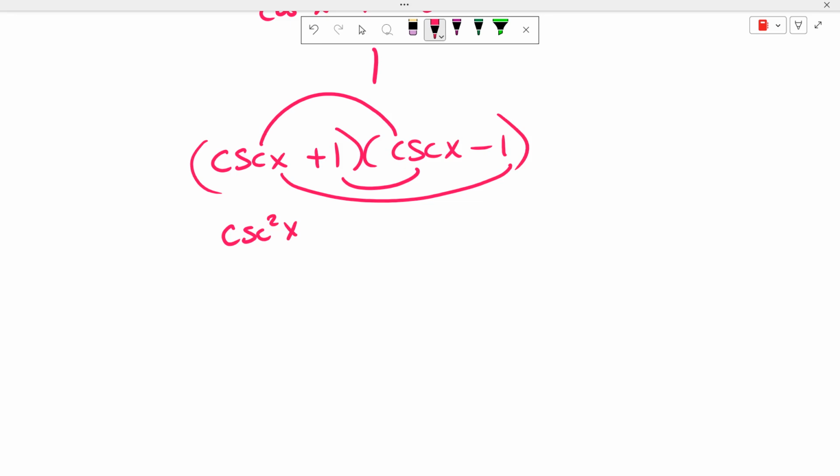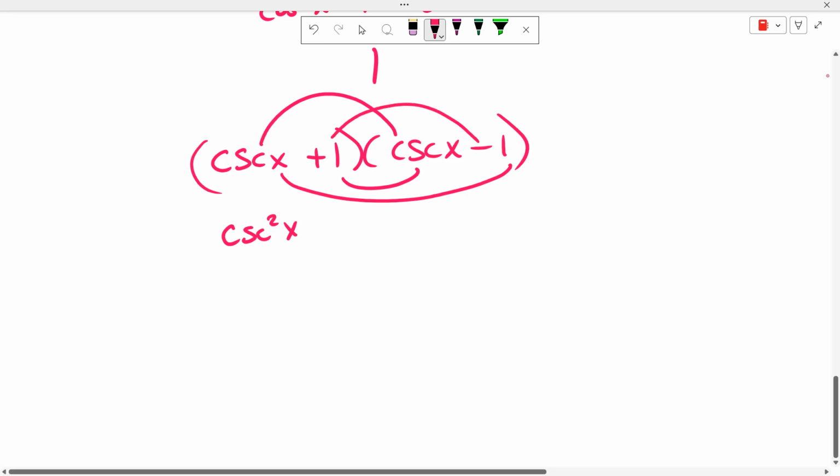Conjugates. Okay? So outers and inners are going to cancel. Last times last is? Okay. Now, cosecant squared of x minus 1, does that look anything like one of your Pythagorean identities?